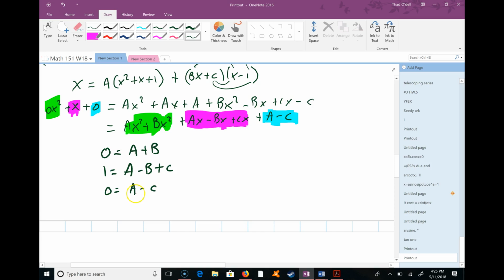So I'll start down here. If A minus C equals 0, that means that C is equal to A. Very interesting.